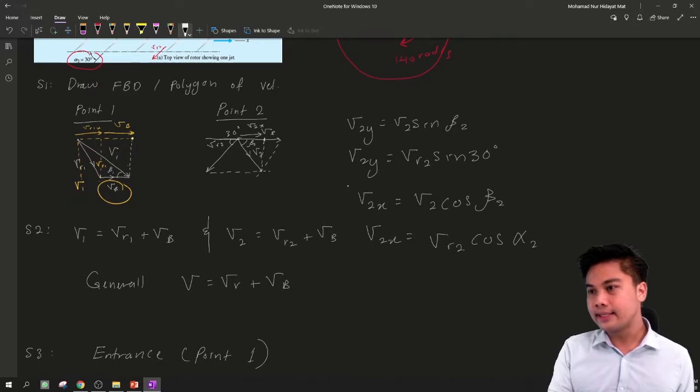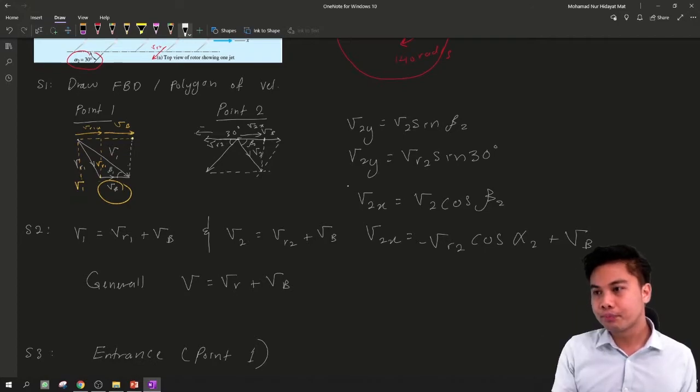So remember that this is in this direction. This direction vector is negative. And then you need to plus VB here, because VB is going to the right. So it is plus VB. Then finally you will have the same magnitude.